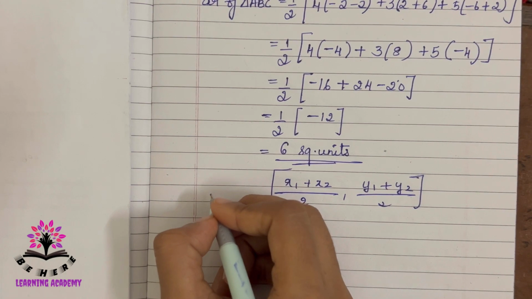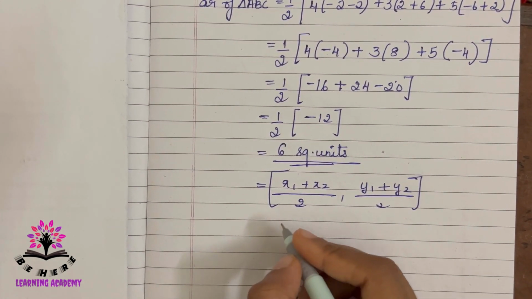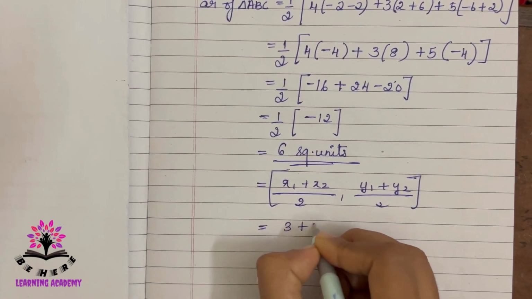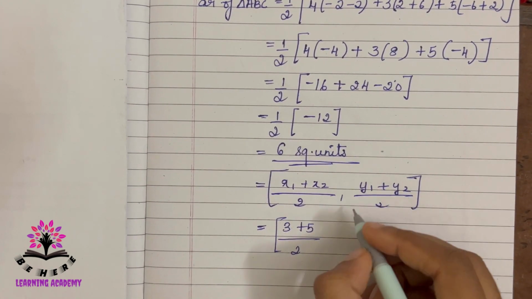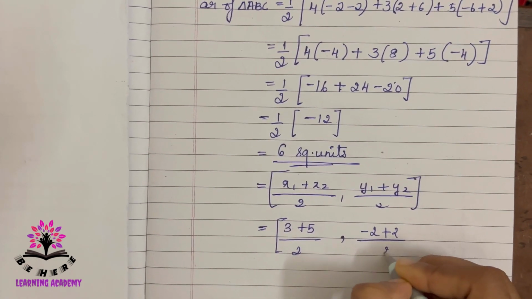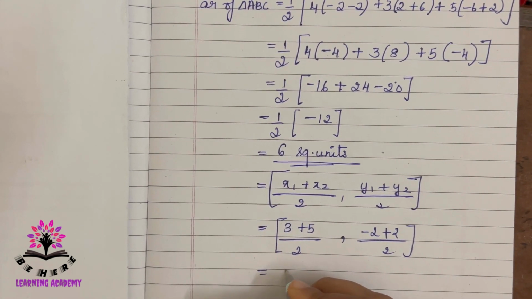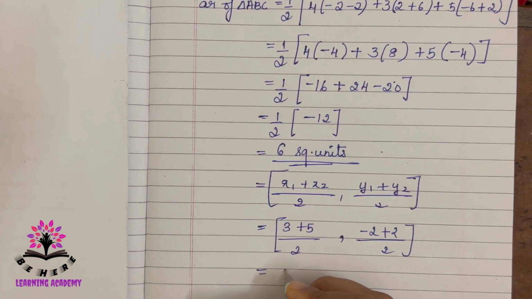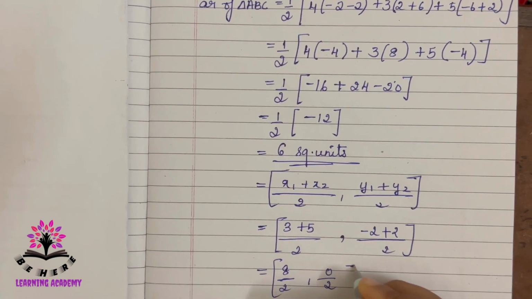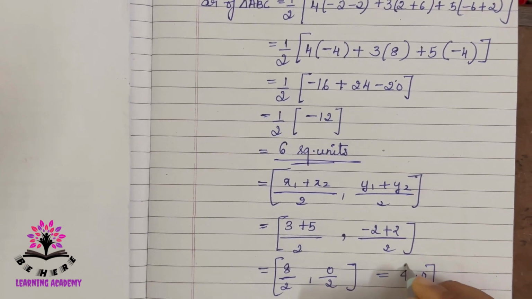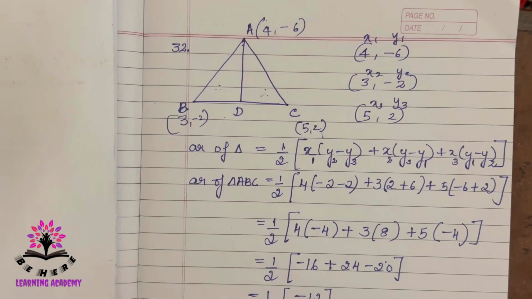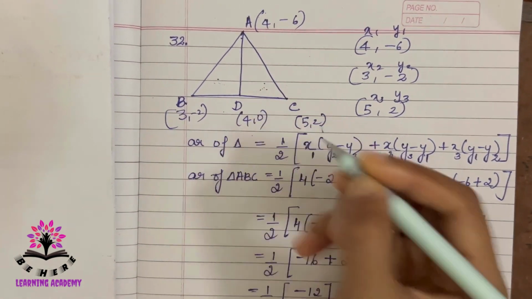It is midpoint of B and C. Directly I will write the values here. So the values will be 3 plus 5 divided by 2, and one more is minus 2 plus 2 divided by 2. So 3 plus 5 is 8 by 2, it is 0 by 2, that is nothing but 4, 0. So the midpoint will be 4, 0. This is now D, 4, 0.